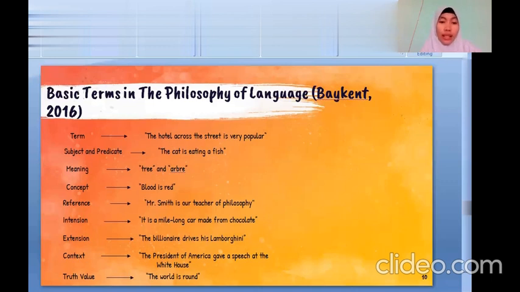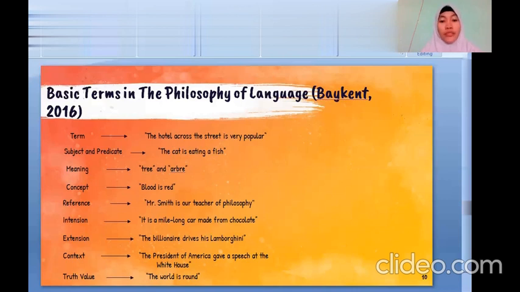Another example is blood is red. Based on the example, blood is red is a claim referring to the concept of red, all things with a red color or the attribute of being red. It is about everything that has a red color.